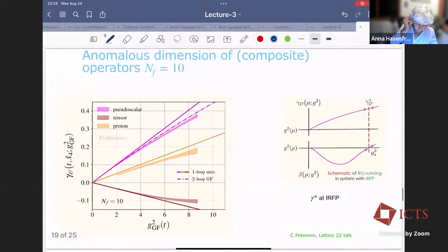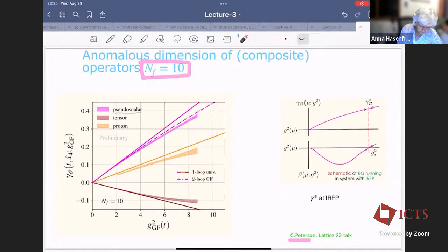And I have a plot for a conformal system, 10 flavors. My student Curtis Peterson showed this plot in his Lattice talk a couple of weeks ago. So what we have here is the pseudoscalar, the tensor, and the proton, all 3 operators together on the same plot. That is the pseudoscalar, that's the tensor, that's the proton.